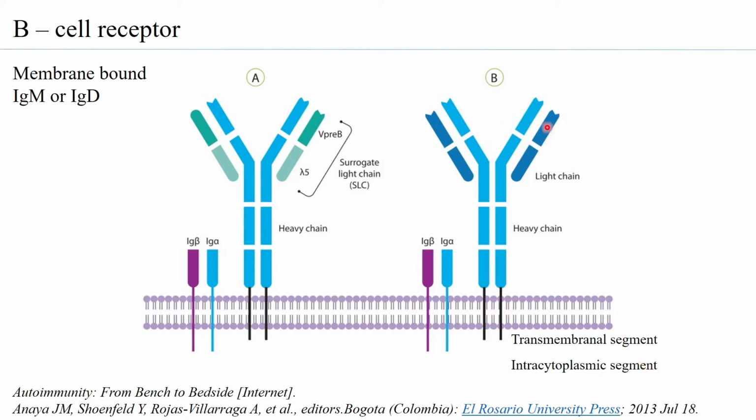This part of the antibody or the B cell receptor is a domain where you have the variable region present over here, and this variable region has developed by somatic hypermutation to be able to bind to a particular antigenic determinant. This transmembrane segment is able to associate with tyrosine kinase, and for the tyrosine kinase, Ig beta and Ig alpha are the substrates or mediators. So these are signal mediators.